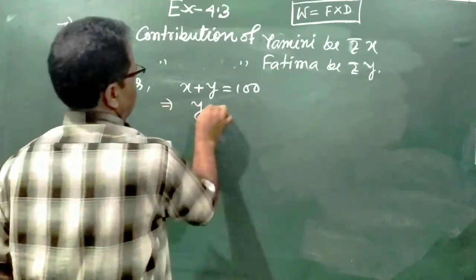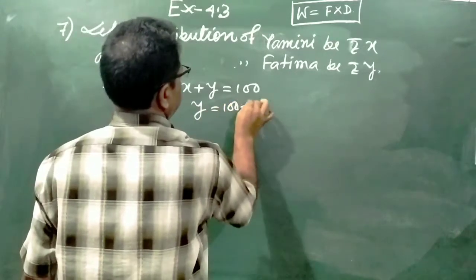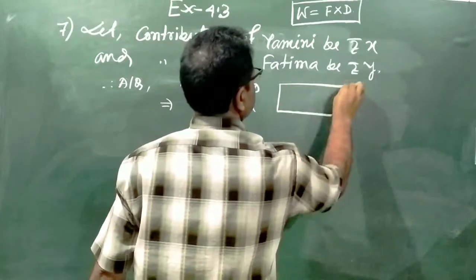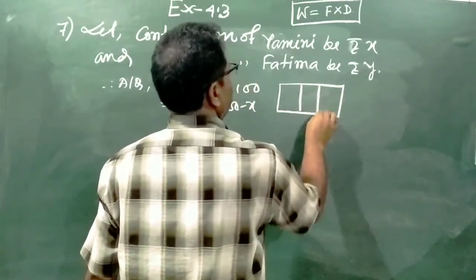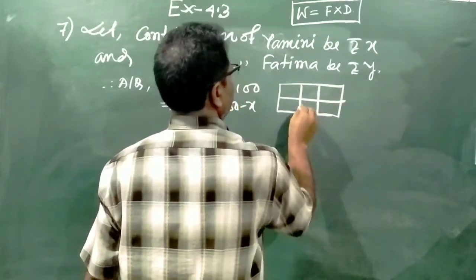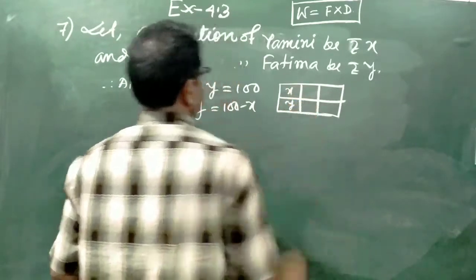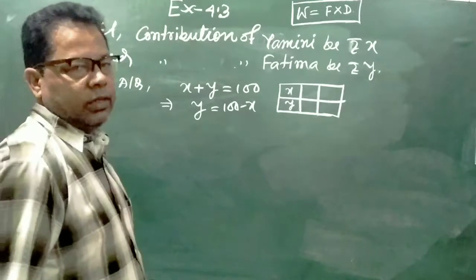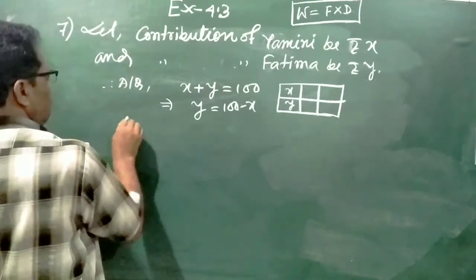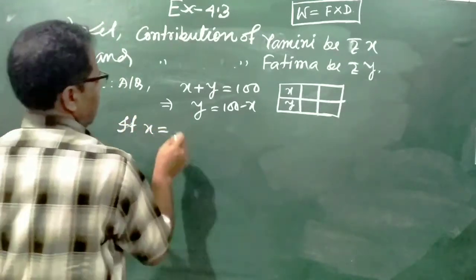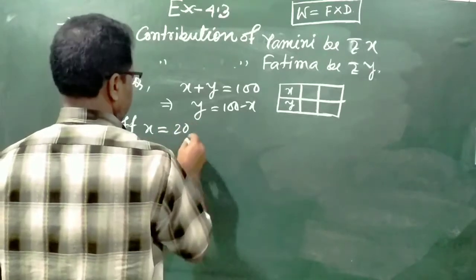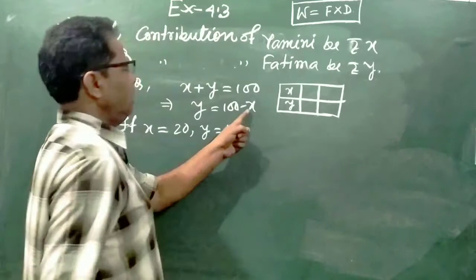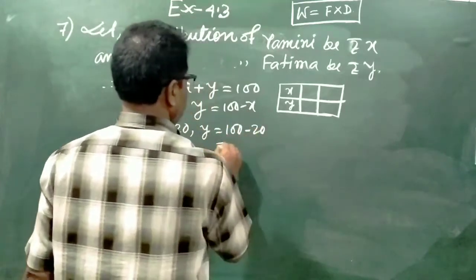Therefore, Y is equal to 100 minus X. We will go for finding out minimum 2 solutions. So when X is equal to 10, 20, 30, 40, in this way we can take. So if X is equal to 20, the value for Y is going to be 100 minus 20, which is 80.